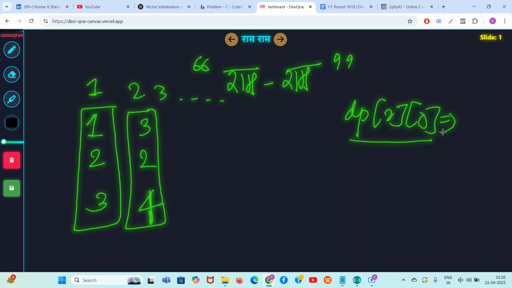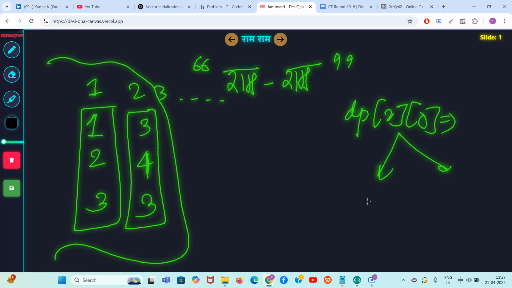dp20. Guys, what is one possibility? In dp20, there are two possibilities. dp20 means best way to solve the two columns such that on column 2 you are doing no operation.